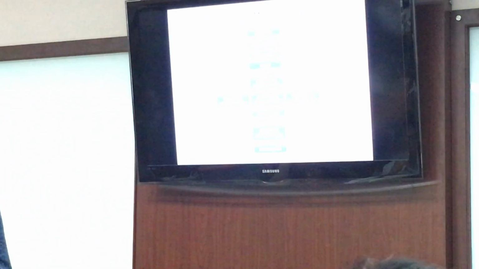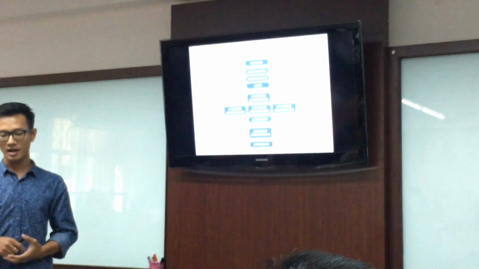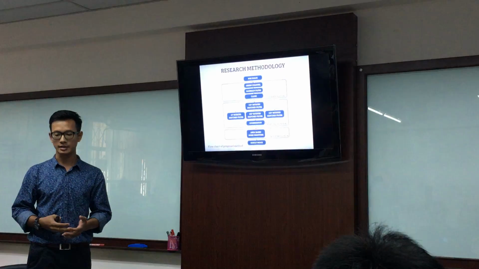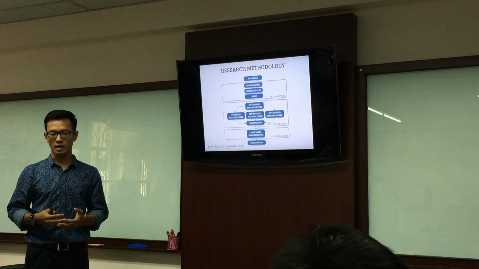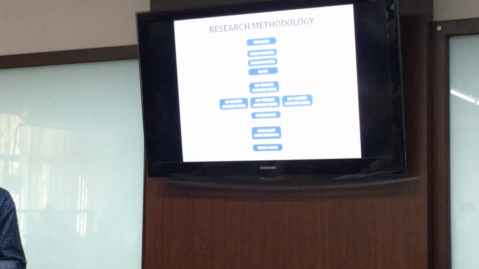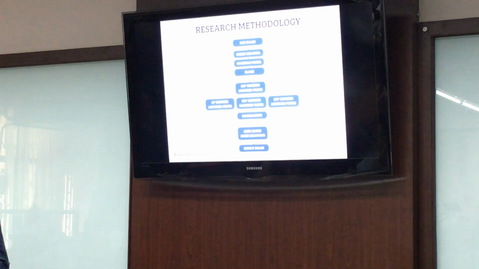Here comes my research methodology. In the pre-processing step, I use the green channel, and I blur the image by using the Gaussian filter, and after that, add more contrast by using contrast-limited adaptive histogram equalization.